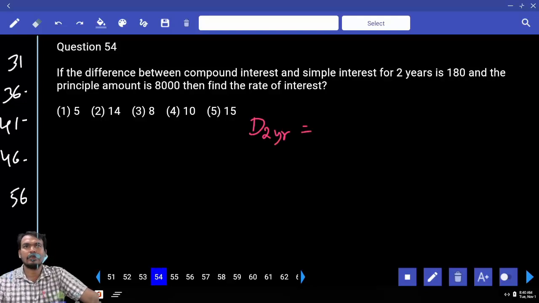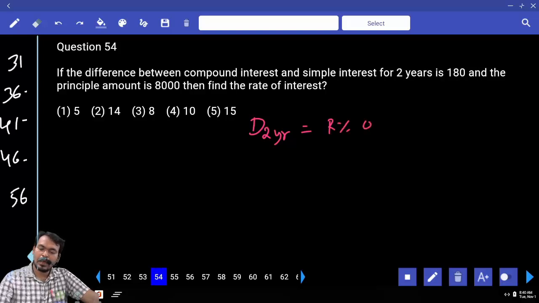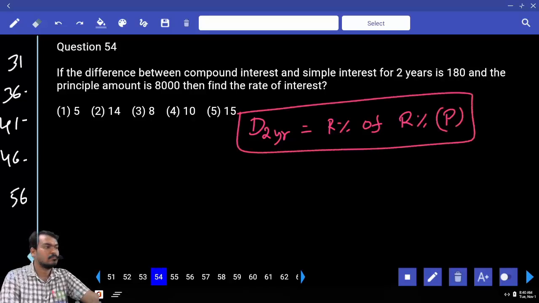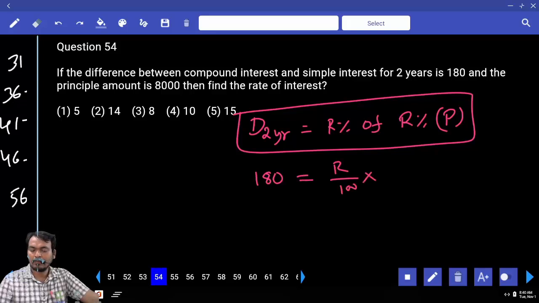The difference equals P into (R by 100) square. Yes or no? What is the difference of 2 years? 180. That is equal to R by 100 into R by 100.